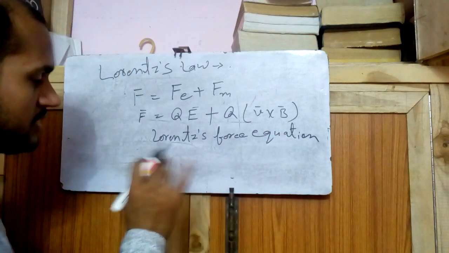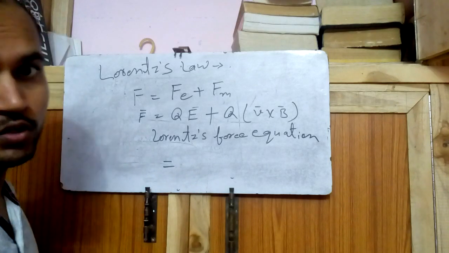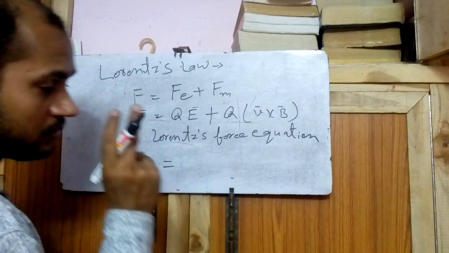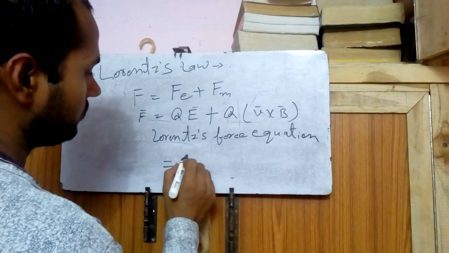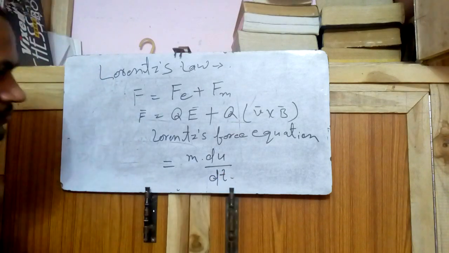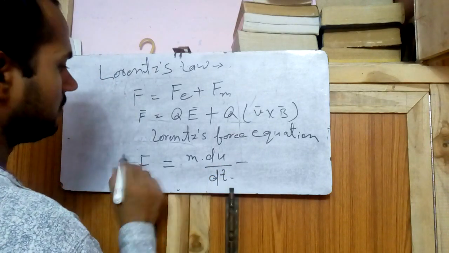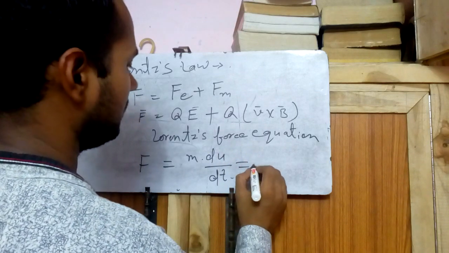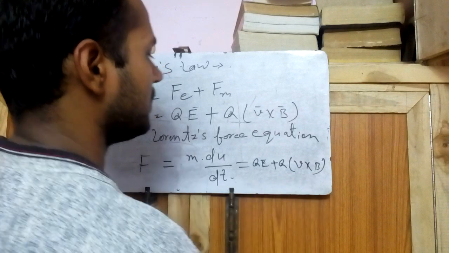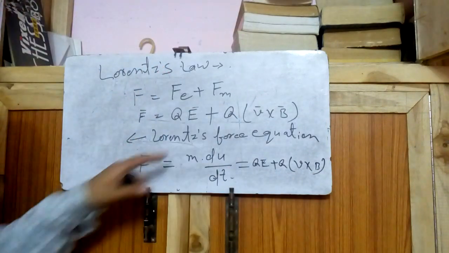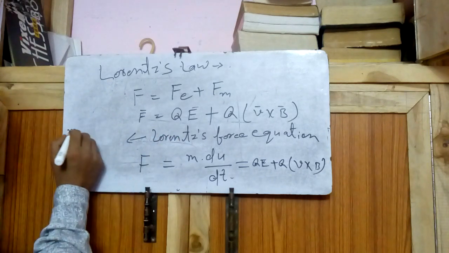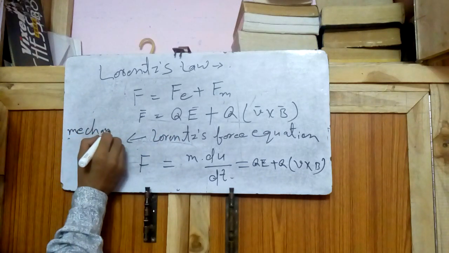If the charge has mass m, then from Newton's second law, m into du by dt is equal to the force, which is QE plus Q into V cross B.